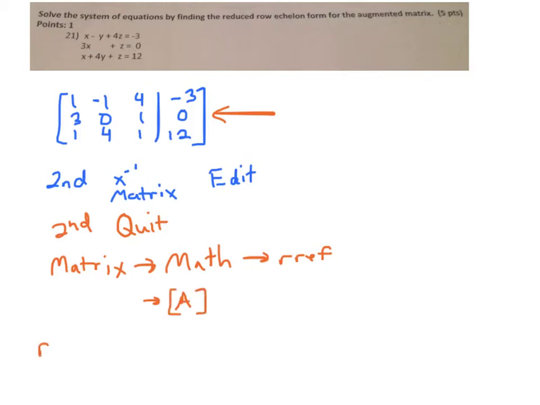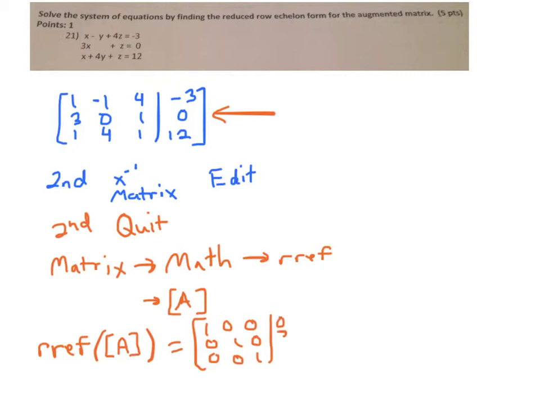So on your calculator screen, you should have RREF and then whatever matrix you picked. Then you press enter and it tells you ones and zeros, and then these numbers on the side should be your answer, which you should get that we have 0, 3, and 0.